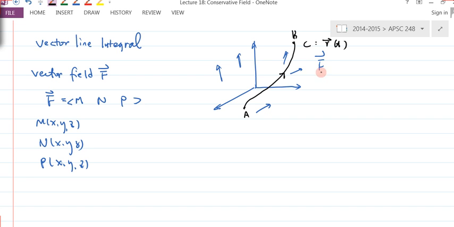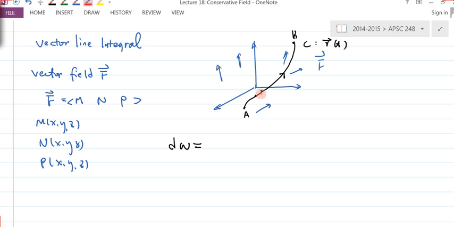How much work, or the total amount of work, will this force field do to move a certain object from A to B? In that derivation, we consider a small amount of work to move from here to here, for a very small segment here.